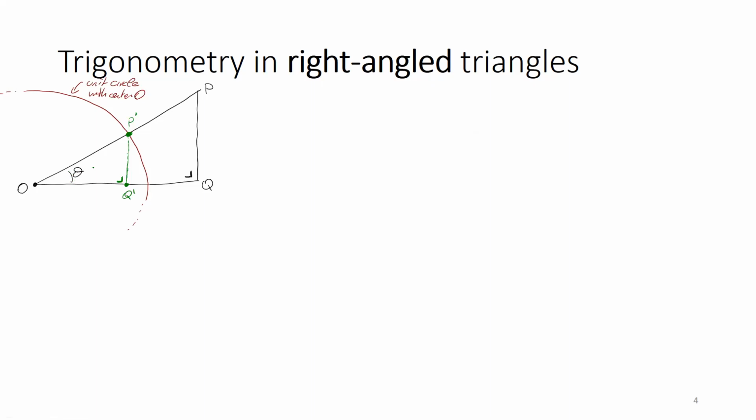So first of all, before I forget, let's not forget that this length, OP prime, sorry, that is equal to 1, because it's a unit circle. So P prime is at distance 1 from the origin, and that's going to be important. So now that we have that, what do we know about sine and cosine of theta? So let's start by sine theta.